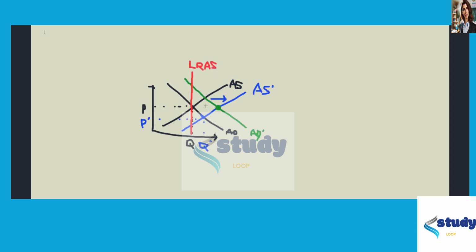As I just said, with this transition phase, the economy is eventually going to land at this green dot as the new equilibrium. And the long run aggregate supply curve is also going to shift to the right.